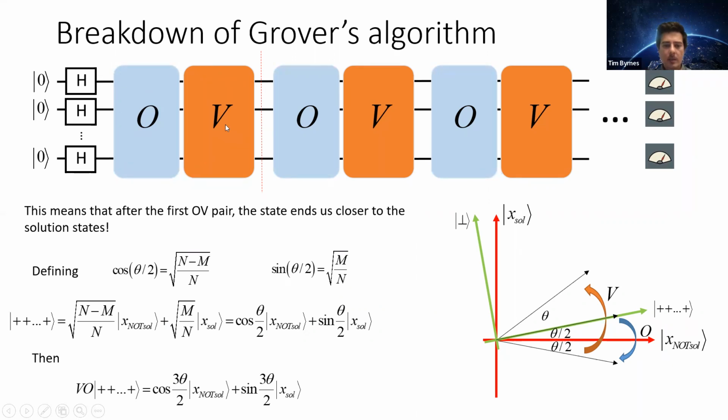Okay. So let's first look at this picture, because it's probably the easiest thing. So basically, we've got these two pairs of axes, where the red ones are the solution and not solution, and the green one is this plus state, and then the state which is orthogonal to this plus state, but in this two-dimensional space.